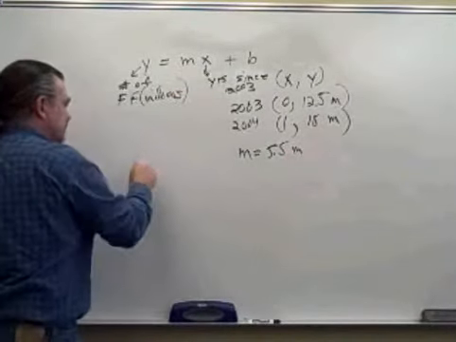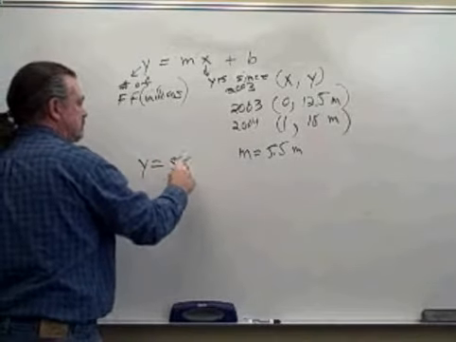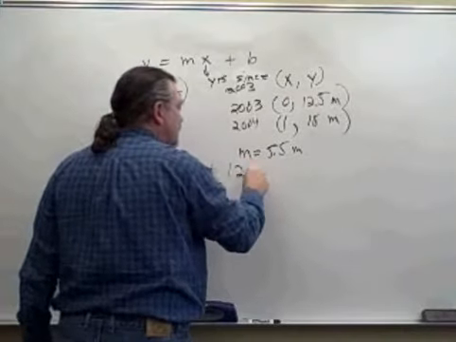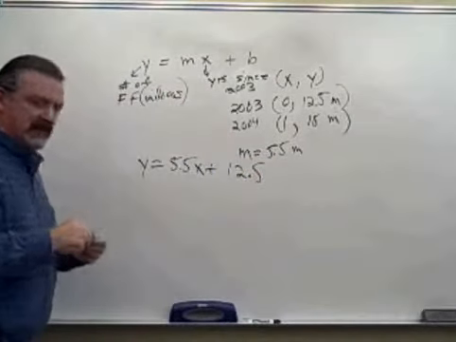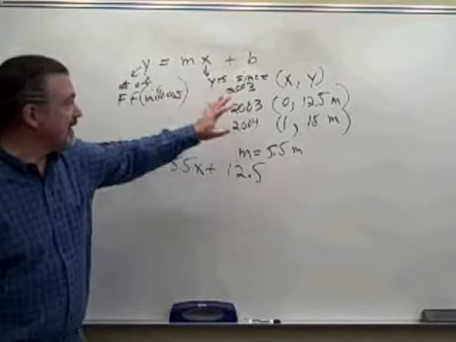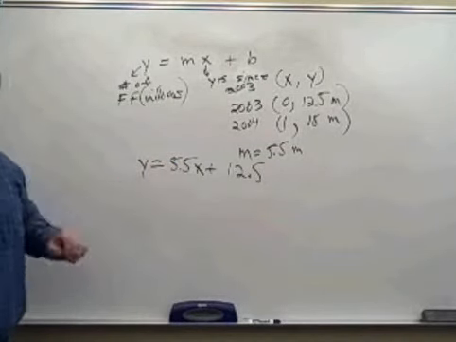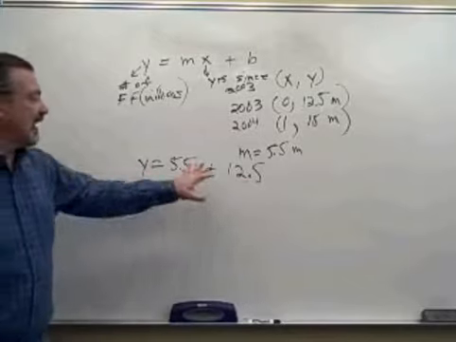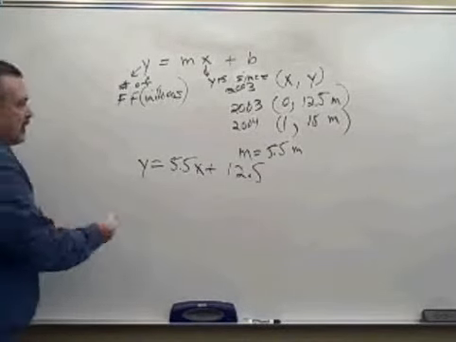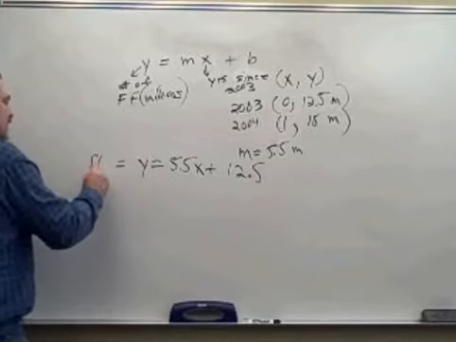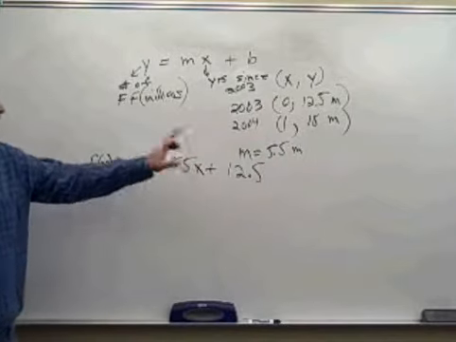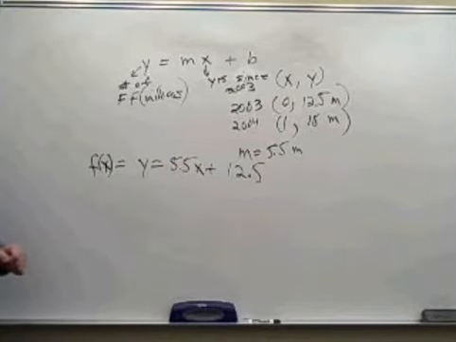That's my slope. And 12.5 is the number of fly fishermen that I started out with in my base year of 2003. And my x is supposed to be years since 2003. And I now have my linear equation, my linear function, where we can let f of x, fly fishermen, f of x is equal to 5.5x plus 12.5.